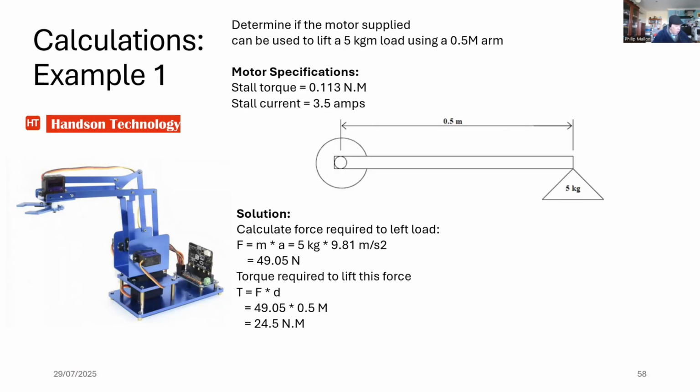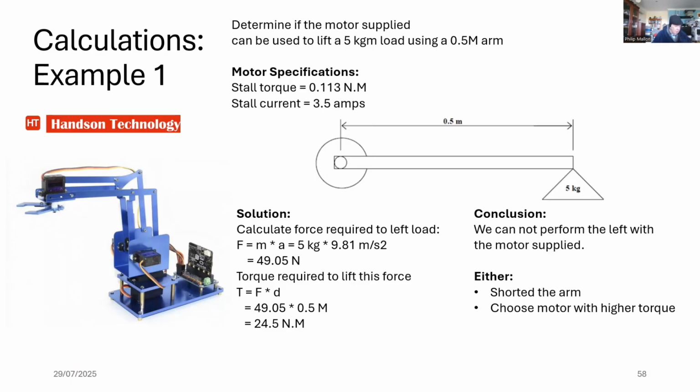We then convert that into the torque over the 0.5 meters, and we end up with 24.5 Newton meters. So immediately you can see that our motor is far too underrated to lift that weight. The conclusion: we can't lift it. We can either shorten the arm or choose a motor with a higher torque.